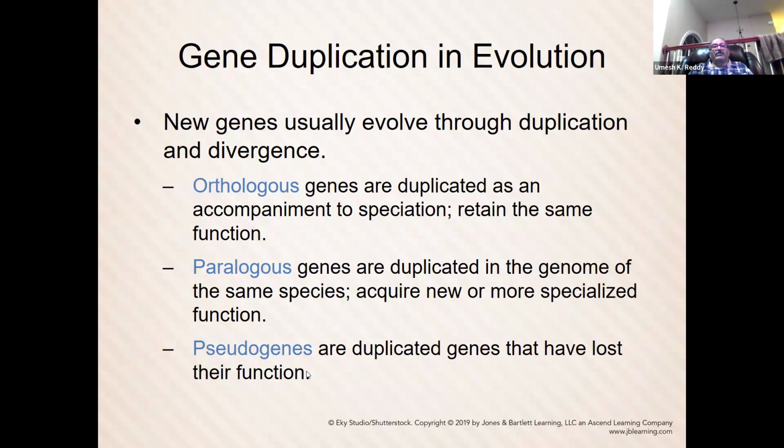So you are traveling somewhere on the highway, you can find a dilapidated house which is 300, 400 years old, and nobody enters there. It is not functional. Like that, you can find pseudogenes in the genome. Once you sequence the genome, you can profile the genes. You can understand what are the genes that are functional and how they are different with various species. That is orthologous. Pseudogenes are the silent genes.